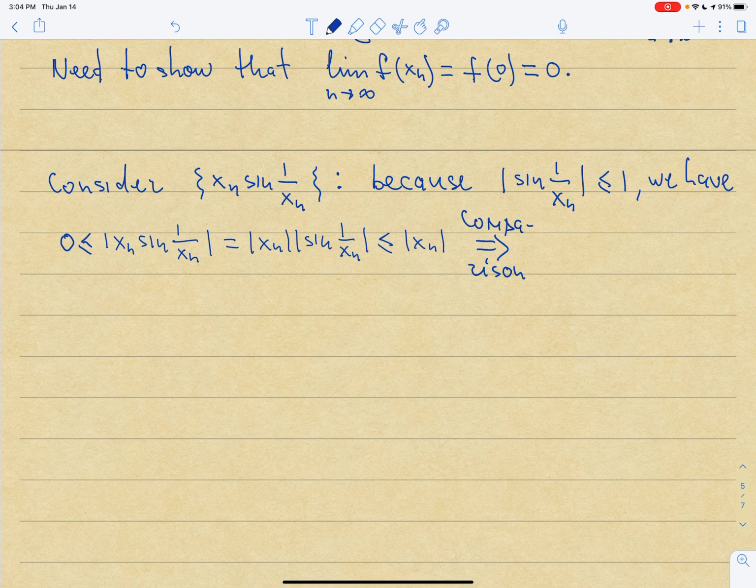So by comparison or squeeze theorem, the limit of 0 is 0 as n goes to infinity, right?